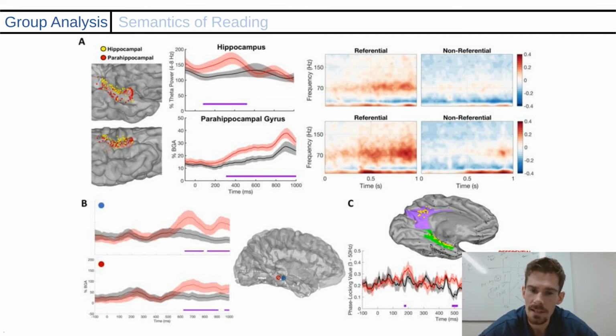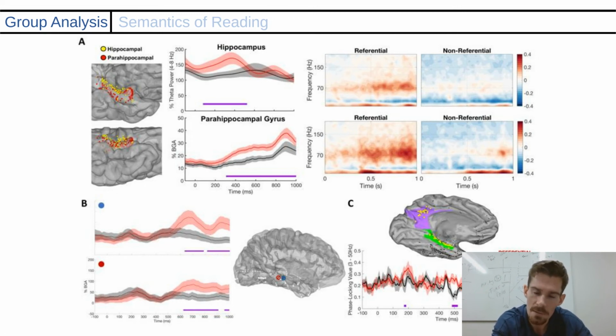This is plotting the effects in hippocampus. So we took the electrodes that were placed solely within hippocampus proper and the electrodes that were placed in neighboring parahippocampal gyrus using the Human Connectome Project parcellation map. And we plot here the traces for hippocampal theta power and contrast it with parahippocampal gyrus BGA responses.